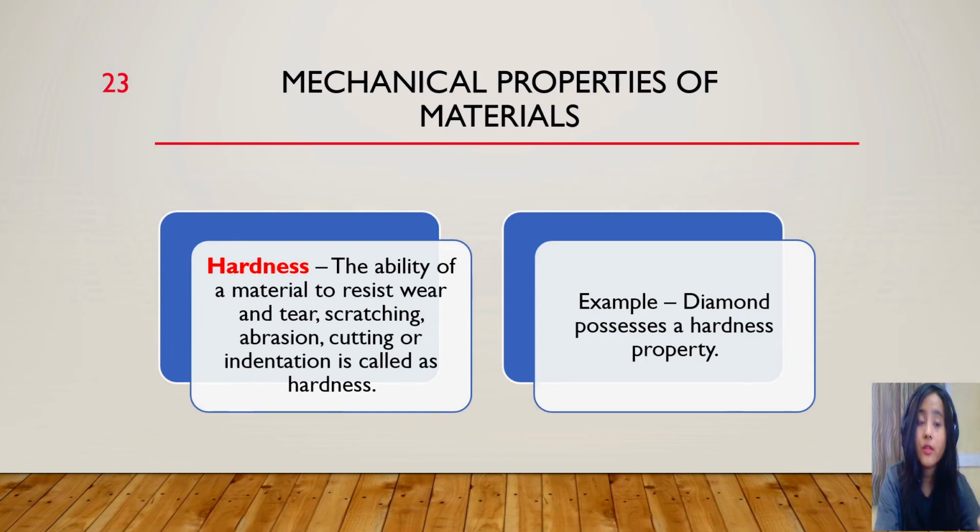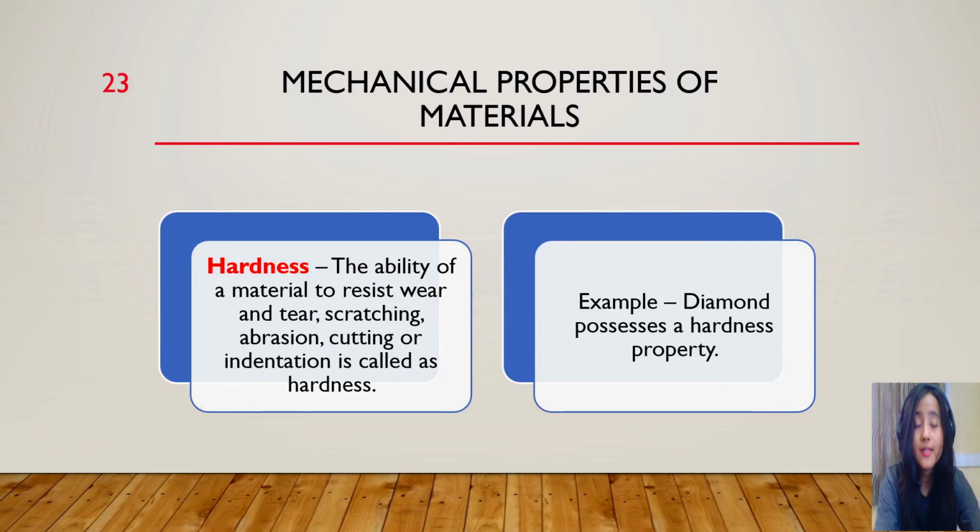So it will resist all the wear and tear, scratching, abrasion, indentation coming from the road. A good tire will have good hardness, which means it will be able to run for a longer period of time. When it starts wearing and tearing, the tire can no longer be used as a good material, so we have to replace it. So a tire can be an example.